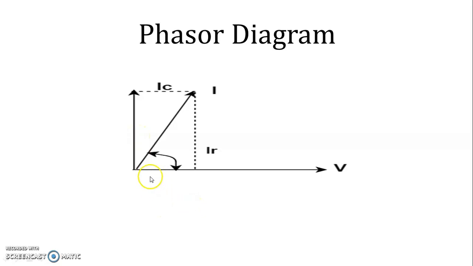The total current I is composed of IC as well as IR, and it makes a leading angle phi. One more angle the current makes is with the capacitive current, and that angle is known as delta. This delta is very important for dielectric heating, and that angle is known as the dielectric loss angle.